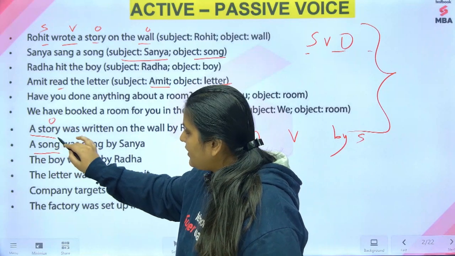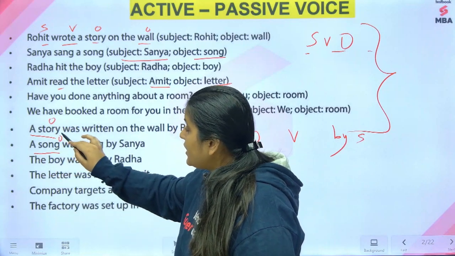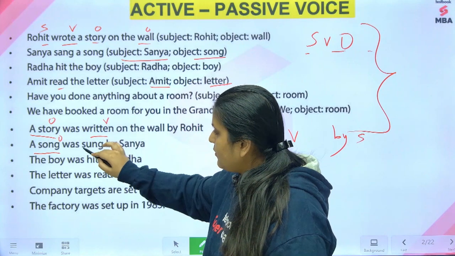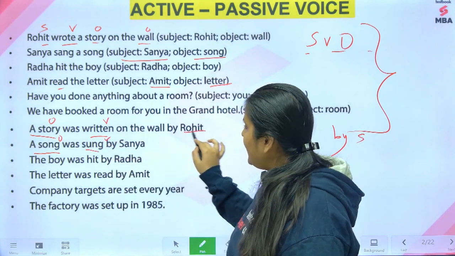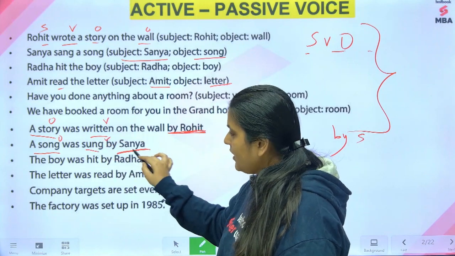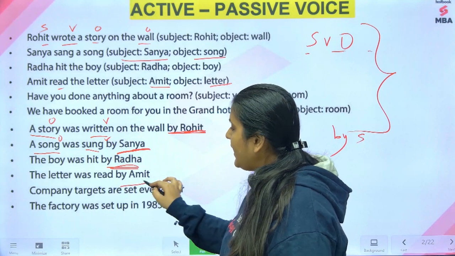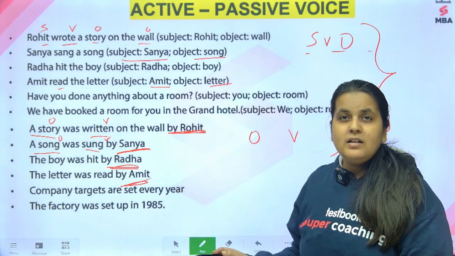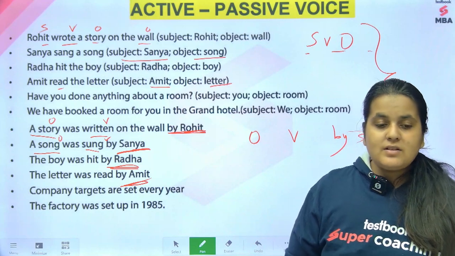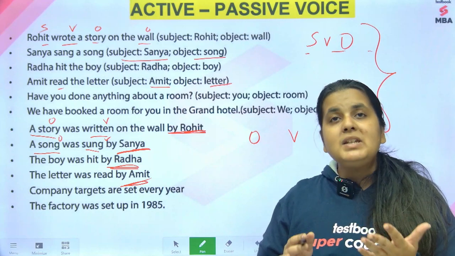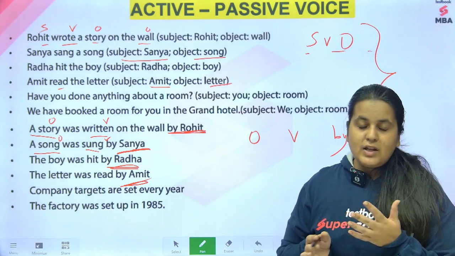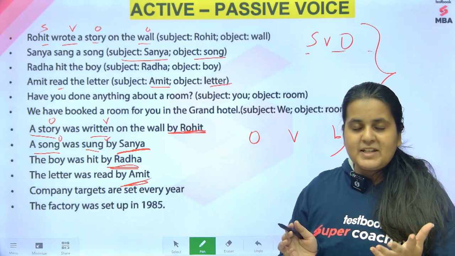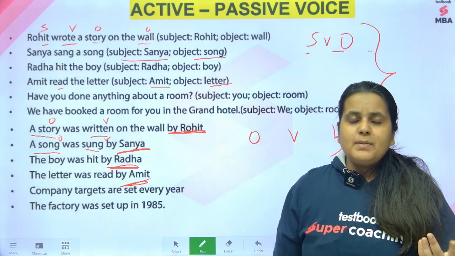A song, the object comes first here. A story was written, was sung by Rohit, by Sanya, by Radha, by Amit. So the subject comes later and the object comes first. So this is the basic structure or the meaning of active passive voice, subject और object के placement का, subject verb and object के placement का.